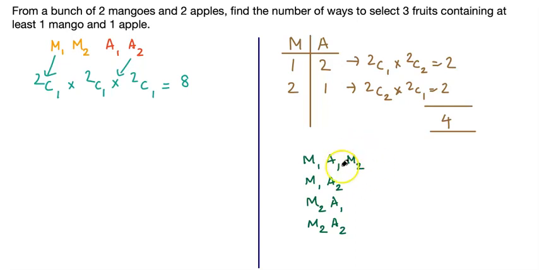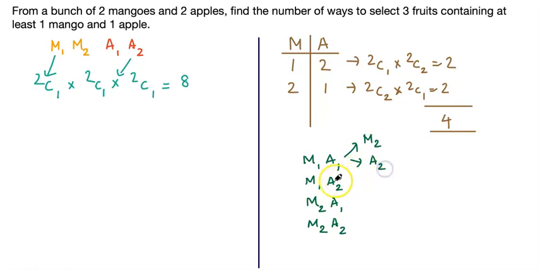What if I picked A2? Well, you will see that case is already going to be counted elsewhere. Or let me actually show you what happens. So M1, A1, I can pick either M2 or A2. So let me show both actually.